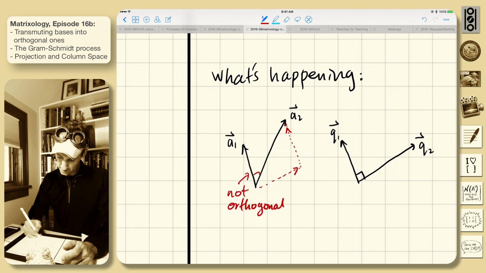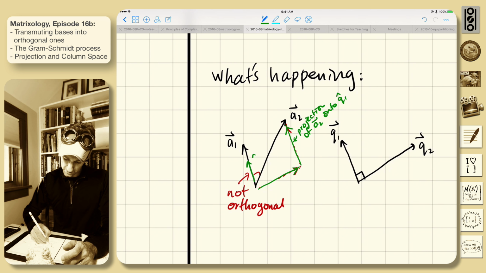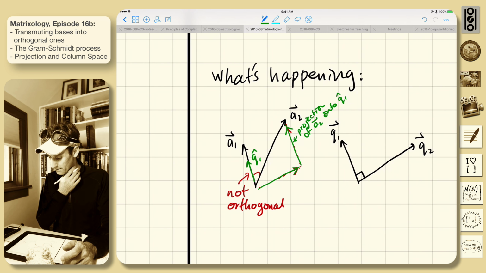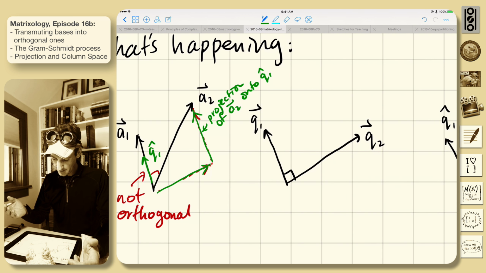Right, so this piece, this is the projection of A2 onto the Q1 direction, because this is going to be Q1, right? We're just, A1, we're just assigning as Q1. Okay, so we do that.